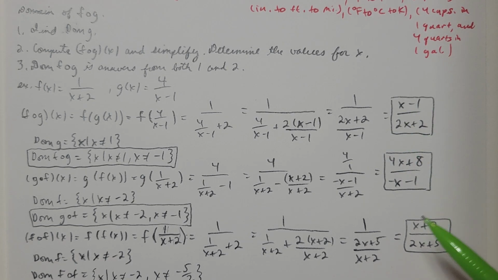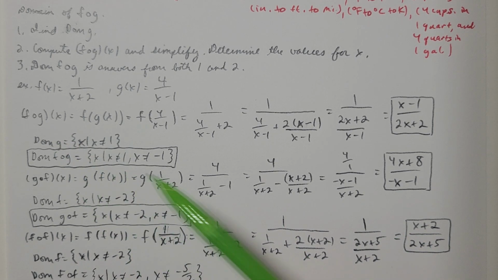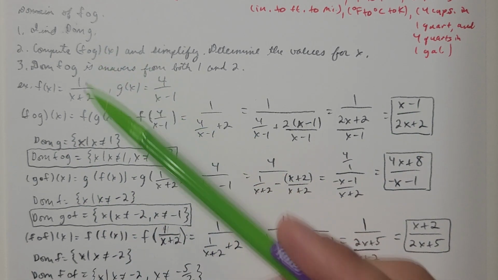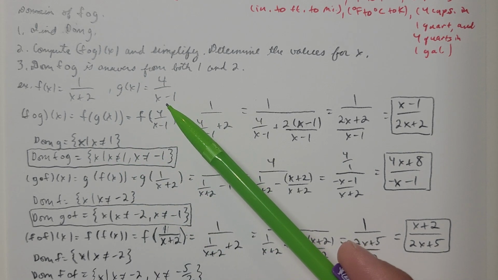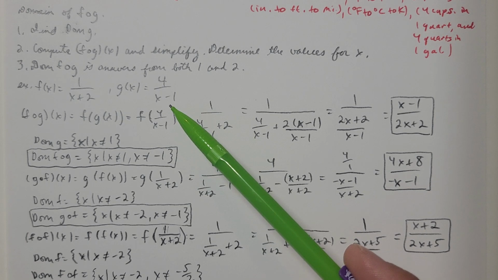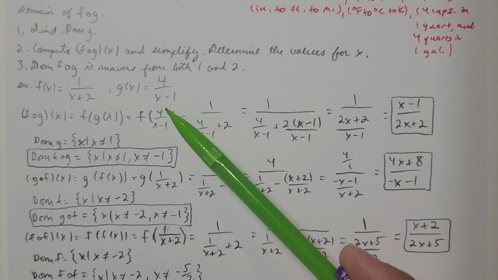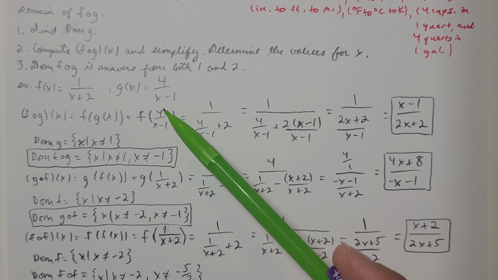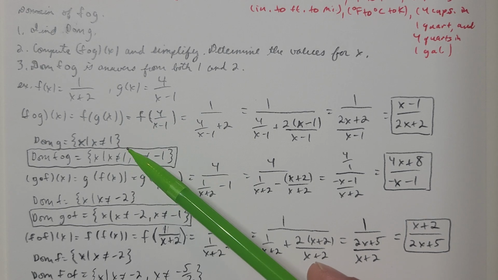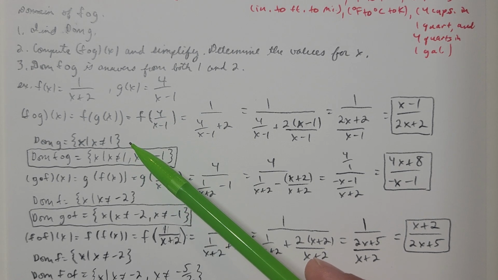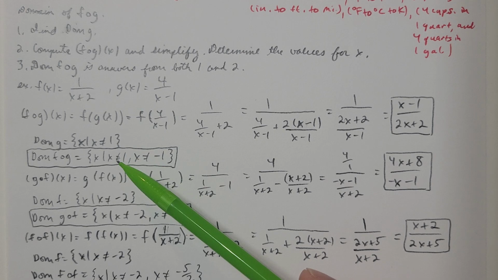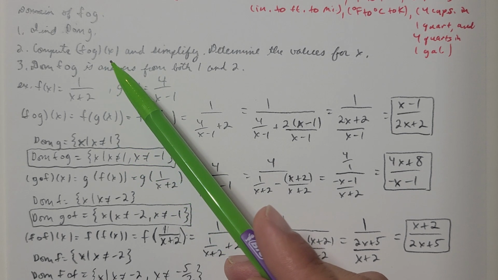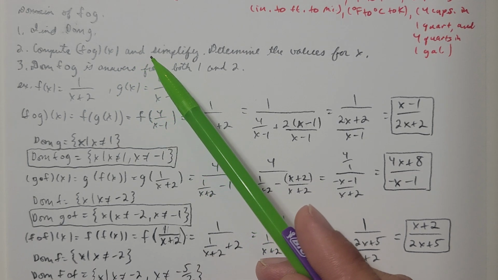Now, the domain of f composed g, I need to first find the domain of g. Here's g. I know I can't divide by 0. I can't let x be 1, right? Because 1 minus 1 gives me 0 down under. So x can be any number, just not 1. And the domain of f composed g, I'm going to start by saying the set of all x such that x is not 1. And then in step 2, I need to compute the composite function and simplify.